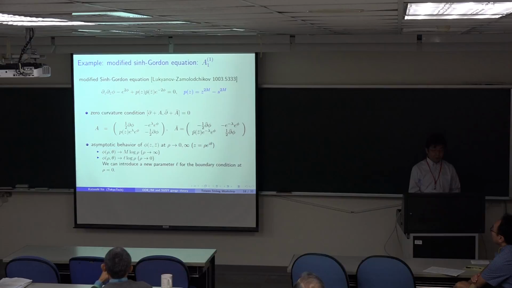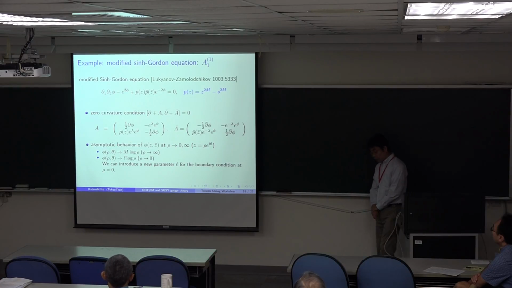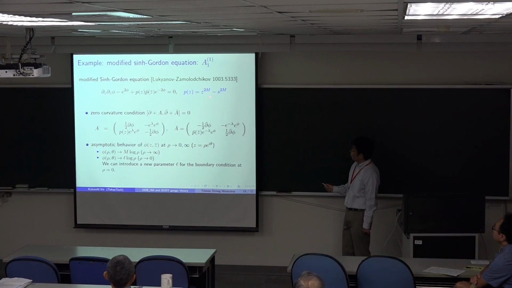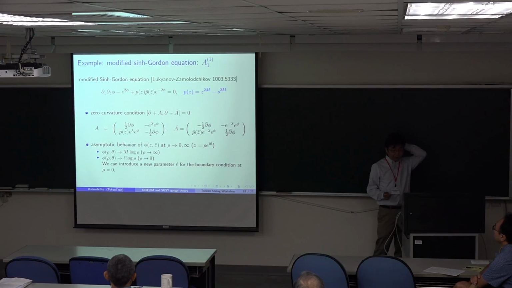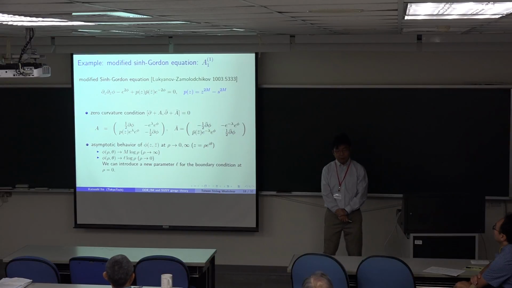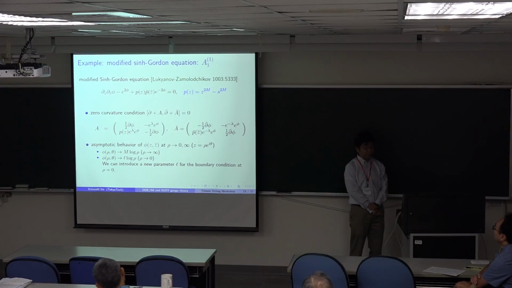So let's take the modified sinh-Gordon equation. In this case, we have just a single scalar, and P of z is also a very simple case, it will be like this. This is the set-up with which we can get the desired ODE/IM correspondence equation.